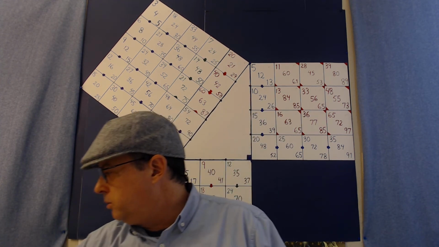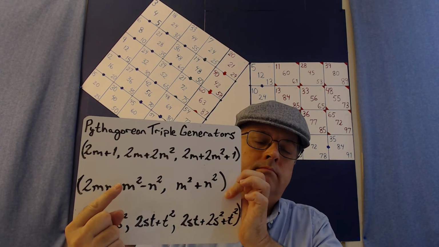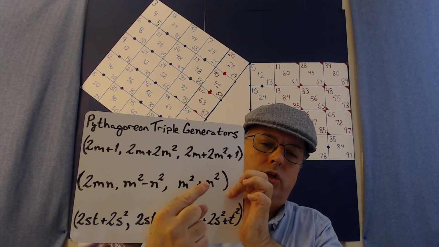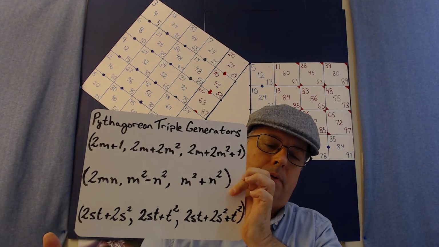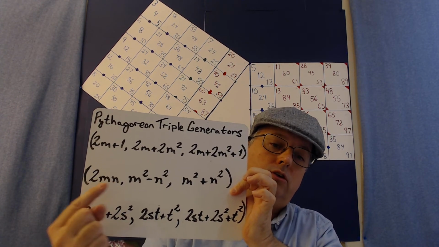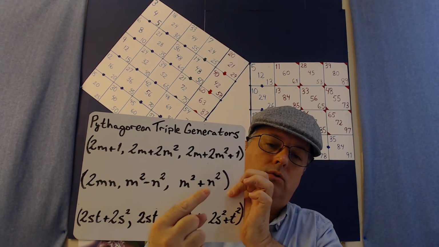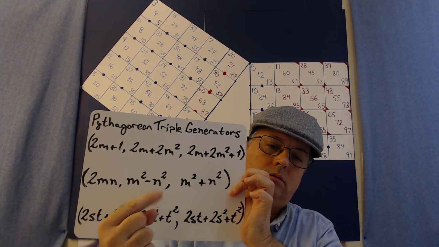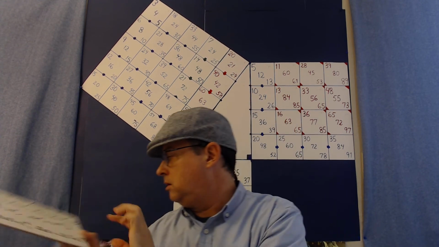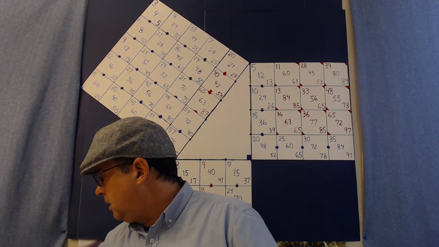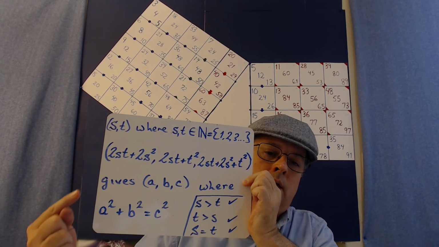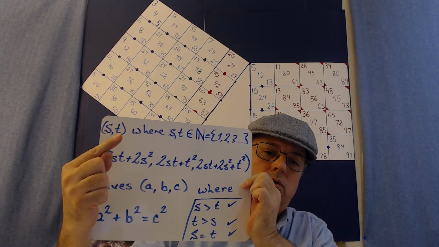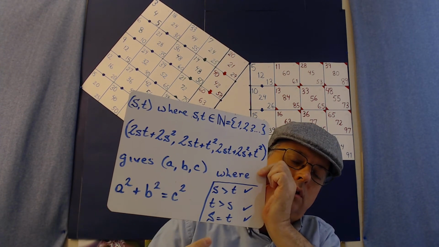Because when we were doing this Pythagorean triple generating formula, the m value had to be greater than the n value. So there was a condition upon it. But it was nice, there was just 2 values that you needed, 2 values and a condition that m had to be greater than n. But the thing about this Pythagorean triple generating formula is that there's just 2 values and there's no conditions.